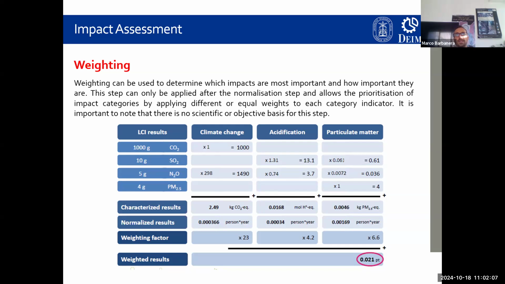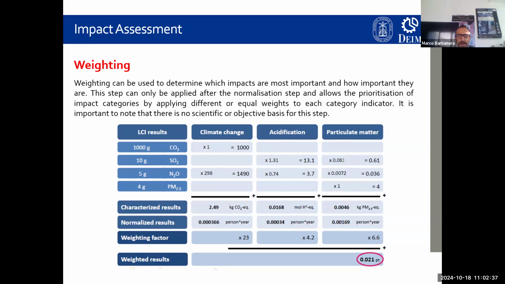Why in the LCA do we decide to consider a unit for the weighted result? The weighted result in theory is a pure number for the previous reasons.